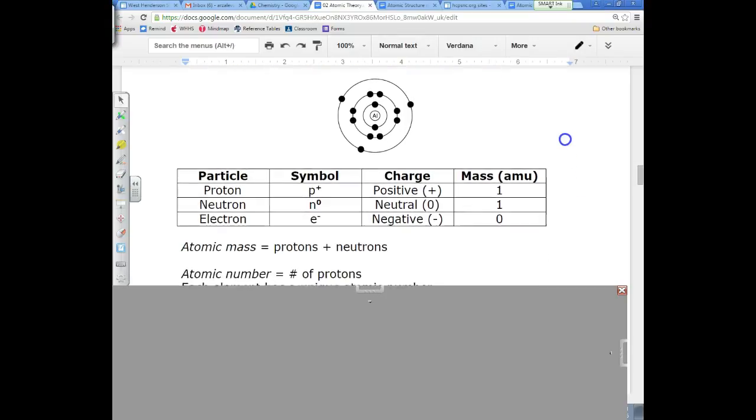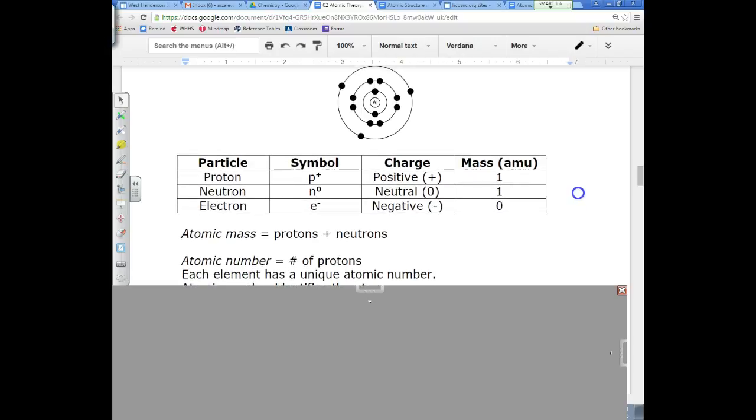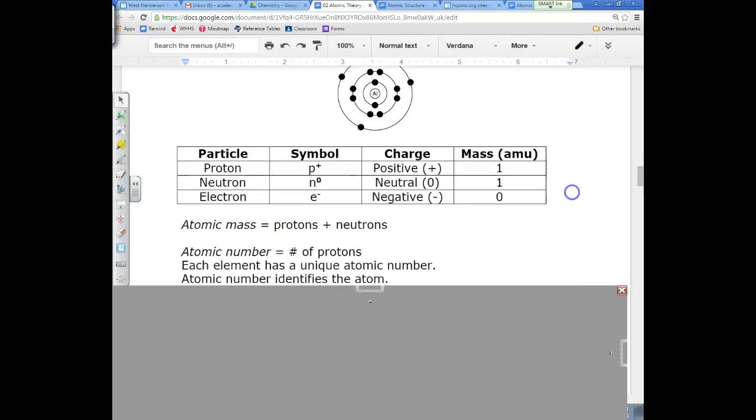Atomic number is the number of protons. Now, both of these are located on the periodic table, and I'll talk about where that is here in just a moment. Atomic number is the number of protons, and each element has a unique atomic number. The atomic number identifies the atom. So if you find an atom that has 8 protons, it is oxygen, always, always, always.